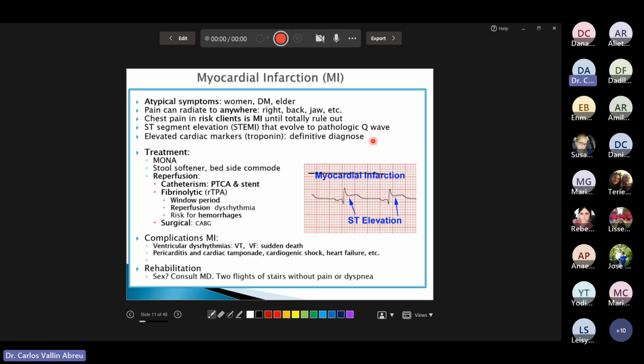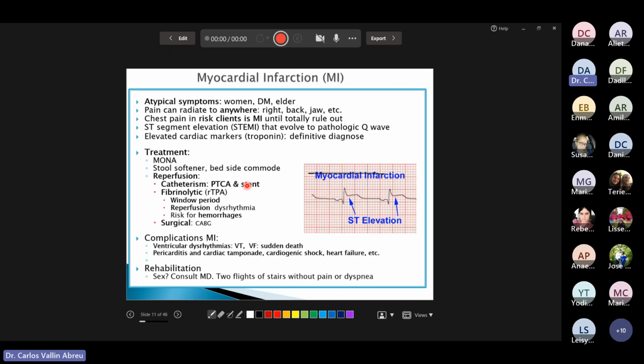The treatment of myocardial infarction: the most important treatment is the doctor's treatment, the revascularization, done as soon as possible. And the revascularizations are those that we mentioned: the catheterism to reach the site of the obstruction and to open the obstruction with catheterism and stent, the percutaneous transluminal coronary angioplasty and stent.